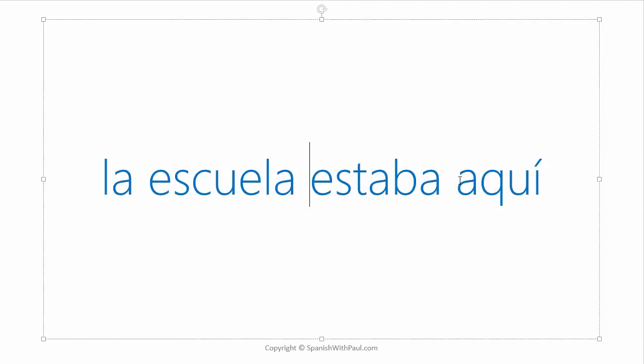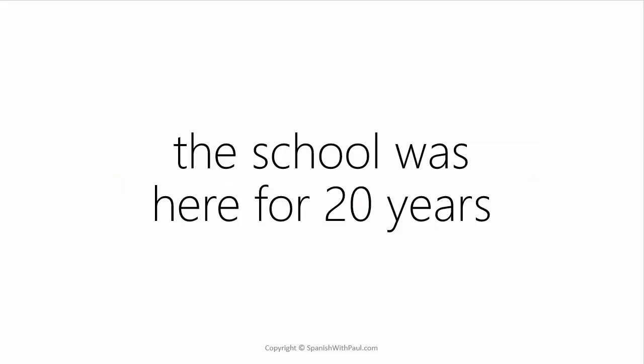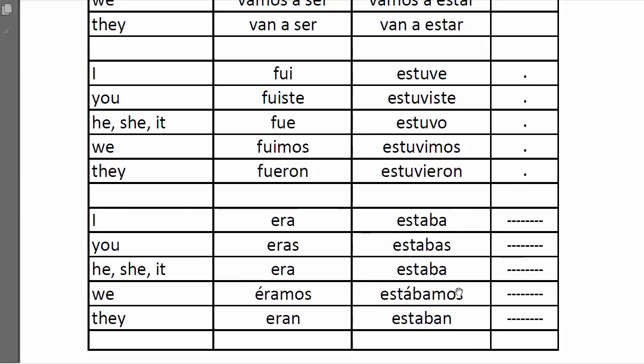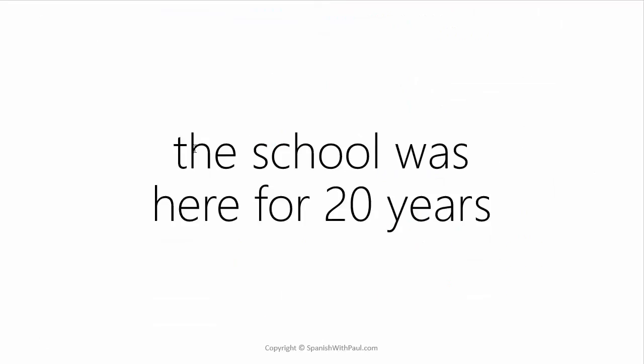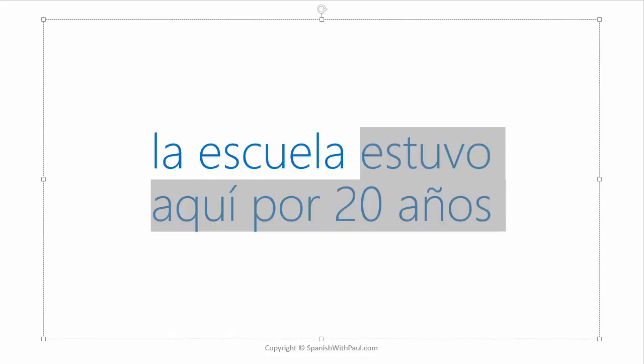Literally the school, it was here. But now if we say the school was here for 20 years, okay, location, so we have estar, and now we have something measurable, for 20 years, it's a dot. So this will now be estar with a dot, estuvo. So we have la escuela estuvo aquí por 20 años.